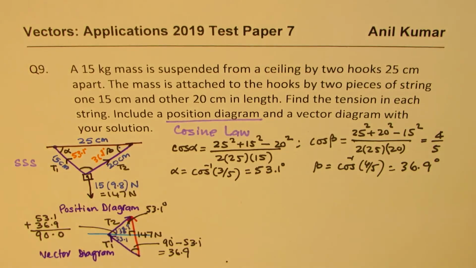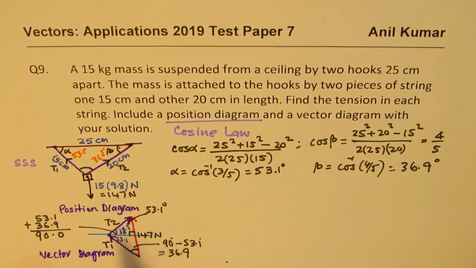Okay. Now once we know the angles in our vector diagram, we can actually apply the sine law to calculate tensions T1 and T2, right? So this T1 is equivalent to what?